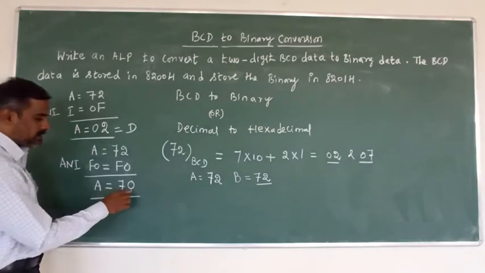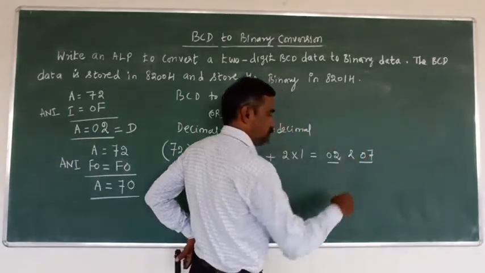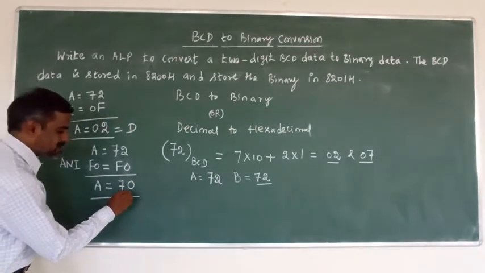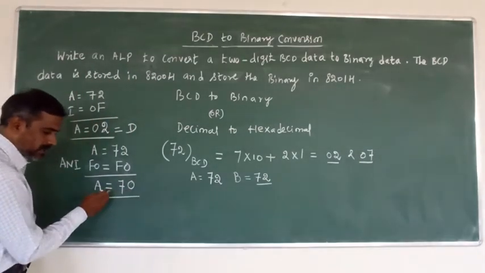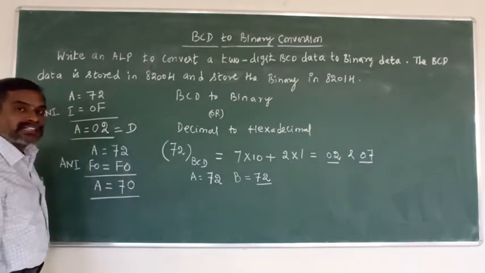Now the accumulator result is 70, but we require 07. The MSB 4-bit data has to move to the LSB side.